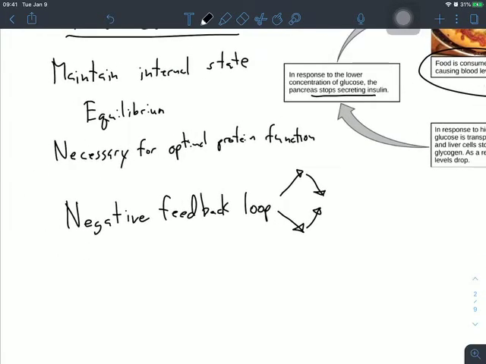Another possible way of regulating homeostasis is through a positive feedback loop. Now, whereas in a negative feedback loop, you always wait for some negative response to send you towards the opposite, in a positive feedback loop, when something begins happening, more and more of it continues to happen.